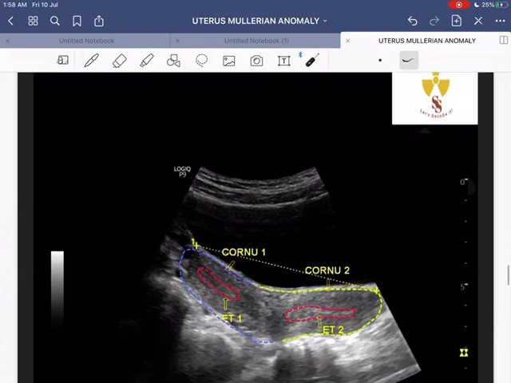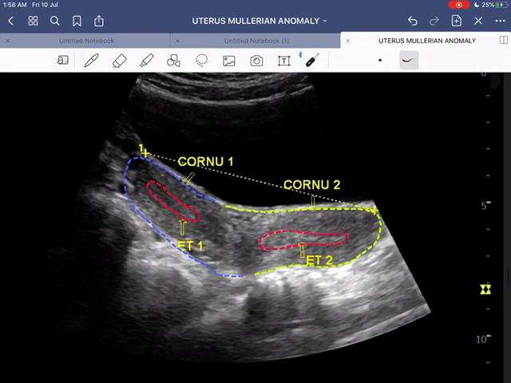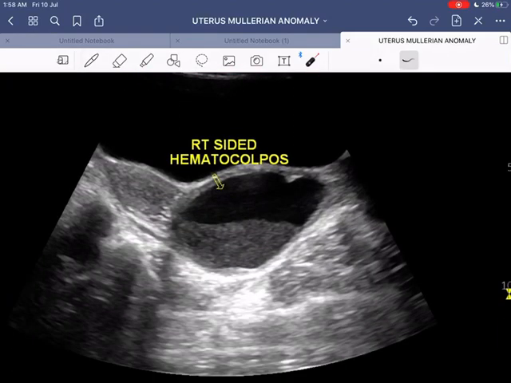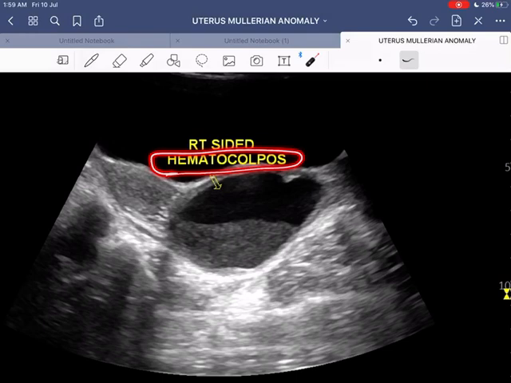Let us see the next image. This image points out that there are two uterine cavities and two uterine horns that are separated widely from each other. On the right side, there is a well-defined cystic structure with a low homogeneous internal echo, implying that it is a hematocolpos.